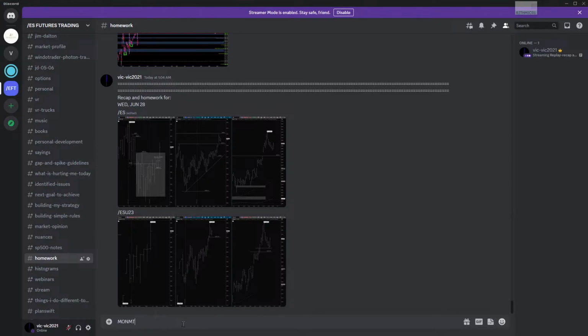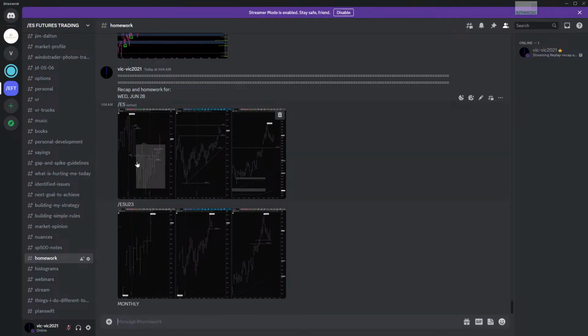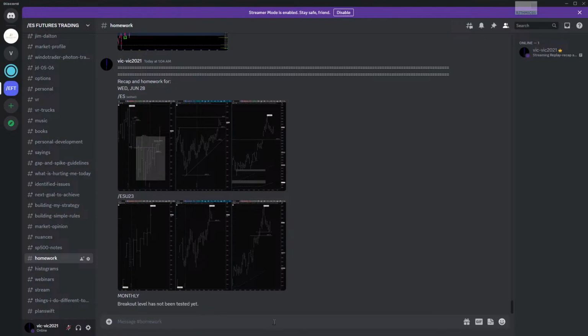Okay. What is the monthly? What we have in the monthly is this one. What can I say about that monthly bar? The breakout level has not been tested yet.